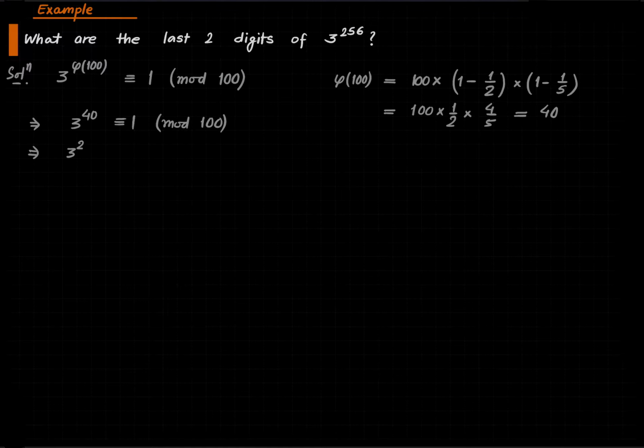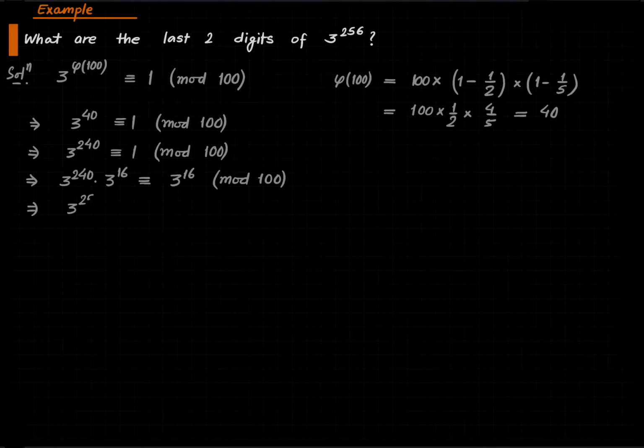So raising both sides to the power 6, we get this congruence, which gives us that 3 to the power 240 into 3 to the power 16 is congruent to, not 1, but congruent to 3 to the power 16 mod 100. So on the left, we have 3 to the power 256. That is what we were trying to worry about. And on the right, we have 3 to the power 16.